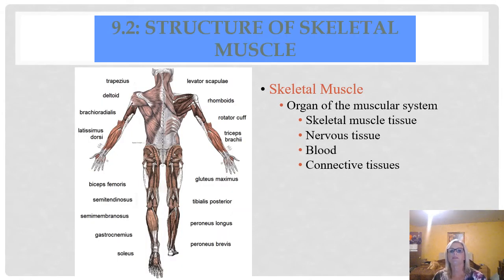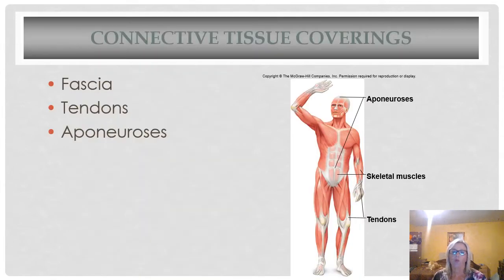Skeletal muscle has nervous tissue, blood supply, and connective tissues all involved with them, so it is important to pay attention to that. We have coverings over muscles, and this is often what you see as the white portion here in this diagram. We have fascia, which separates and holds the individual skeletal muscles in place, and it is made of connective tissue.